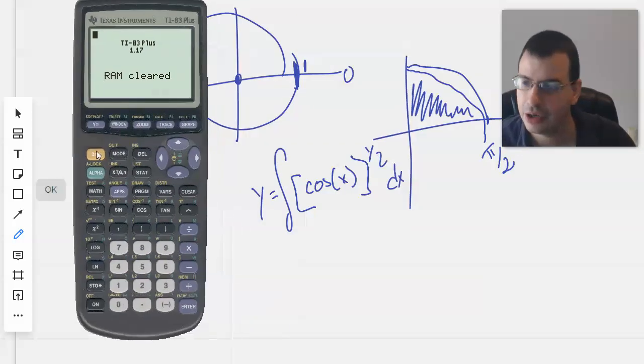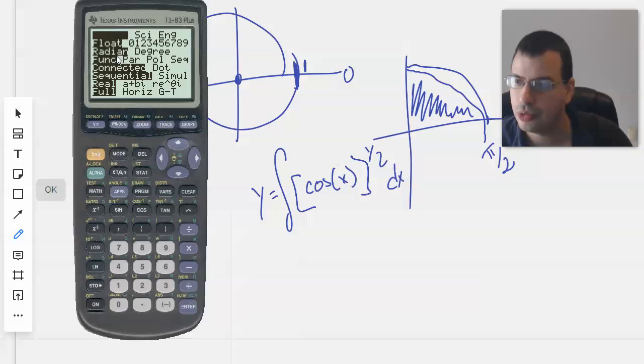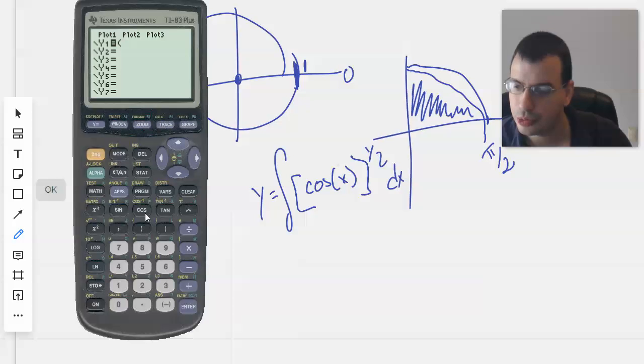Alright, take our calculator. Y equals, probably should make sure it's in the right mode. Radians, yep. Functions, yep. Okay, so we'll do parentheses cosine of x to the 0.5. And then we will set the window.